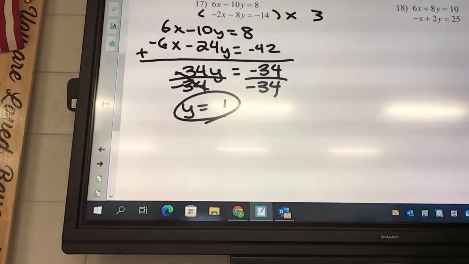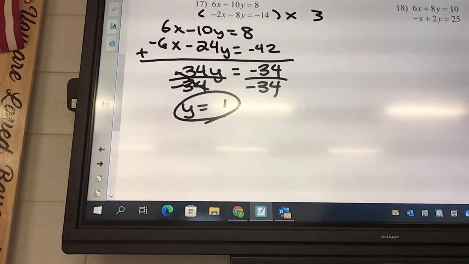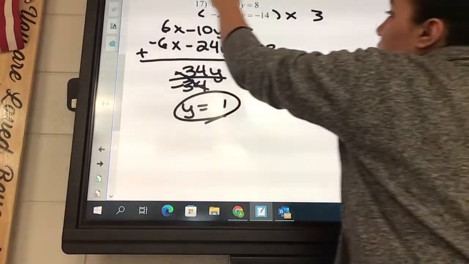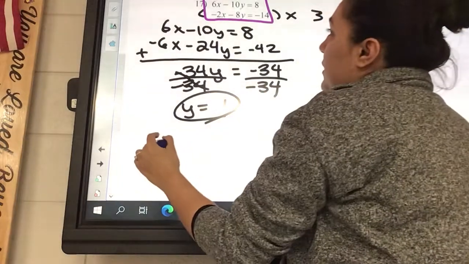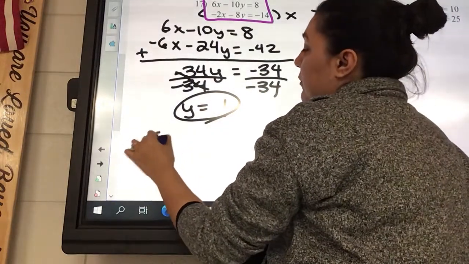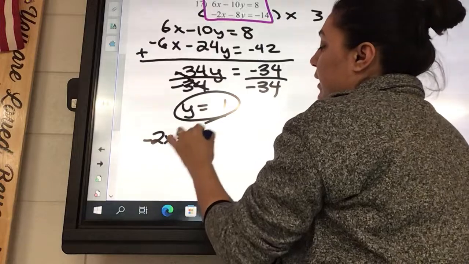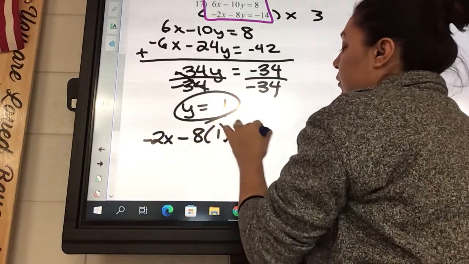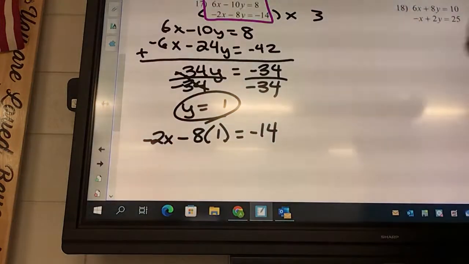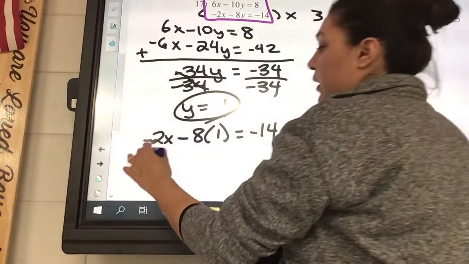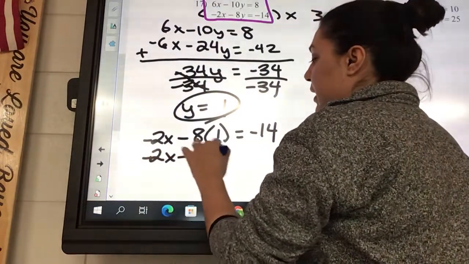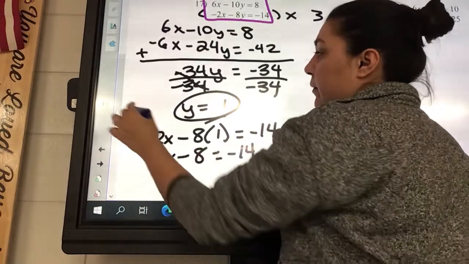Where do we plug that into? Any. It's got to be one of the original equations, though. That's the key. It's got to be one of those ones in purple. So I'm going to say negative 2x minus 8 times 1 equals negative 14. So I got negative 2x minus 8 equals negative 14.